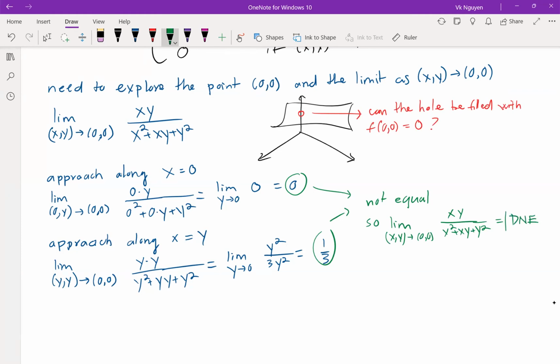And when it does not exist, what does that mean? It means that you cannot fill the hole with f(0, 0) equal to 0. And so the function is continuous everywhere except for that point.